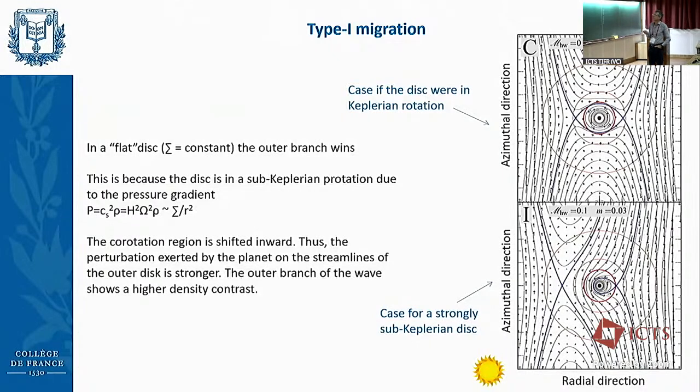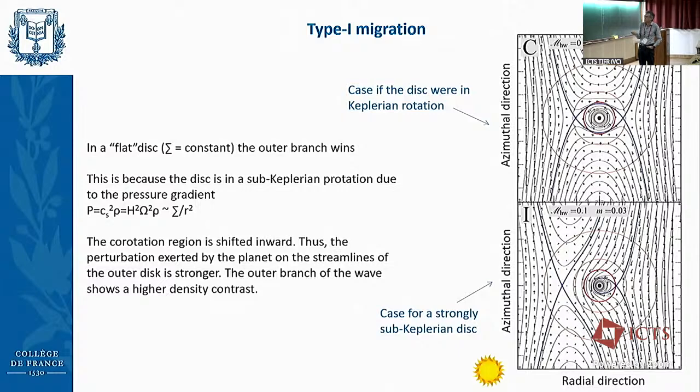Being in sub-Keplerian rotation means that the co-rotation region, made by these streamlines that make a U-turn at the location of the planet, is not located at the planet location, but is shifted inward. So the disk is moving a little bit more slowly. To move at the same speed as the planet, you cannot be at the distance of the planet from the star.